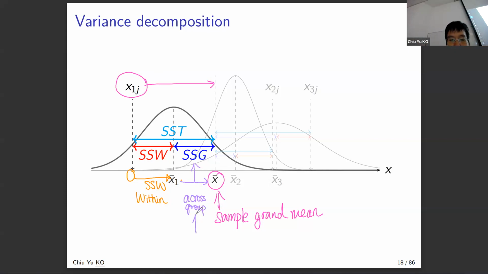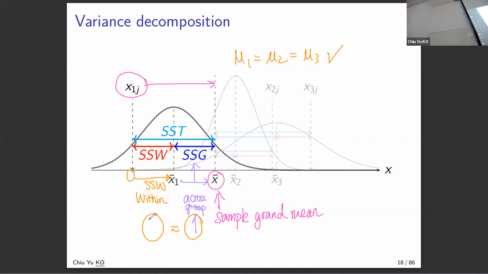If mu1 equals mu2 equals mu3, say, if this is true, the variance calculated from that one should be very similar to this one, because they are at the same location. You can imagine if they're very far away, this one will be very large, but this is still within group. If x2, x3 are over here, this thing will be very big.